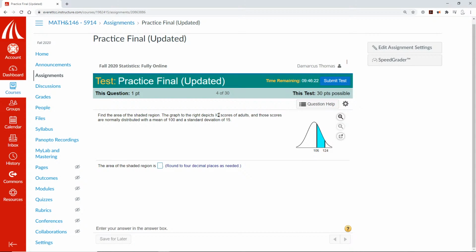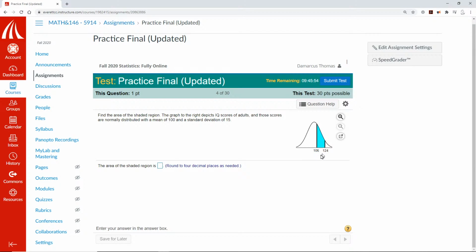IQ scores, the mean is 100, standard deviation is 15. So if you have a score of 124, then you're almost 2 deviations ahead of everyone else. Find the area of the shaded region. The graph to the right depicts IQ scores of adults, and those scores are normally distributed with a mean of 100 and standard deviation of 15.